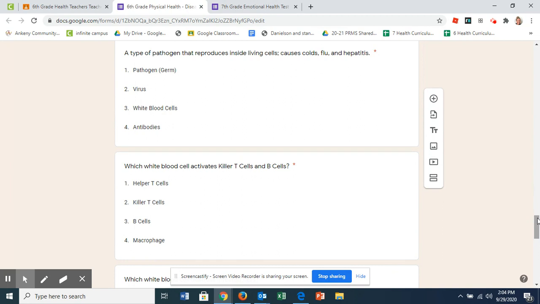Next definition: a type of pathogen that reproduces inside living cells, causes colds, flu, and hepatitis. 1. Pathogen or germ. 2. Virus. 3. White blood cells. 4. Antibodies.